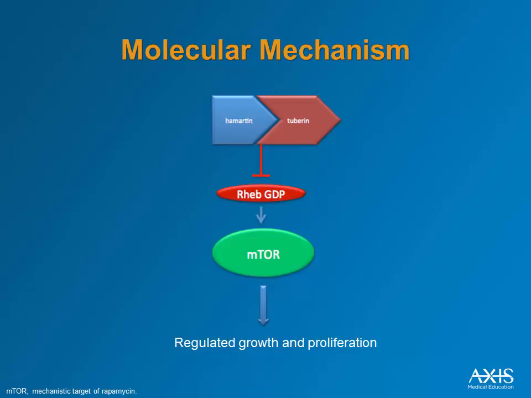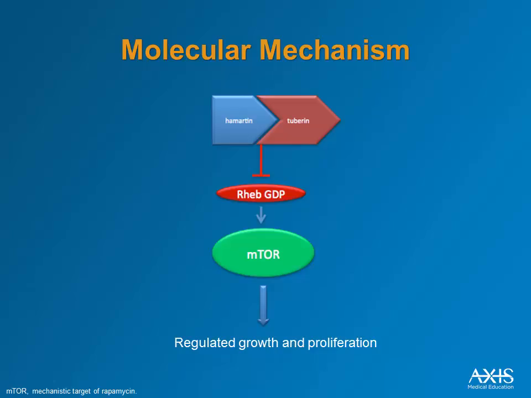And the mechanism that has been elucidated by study of the biological pathway now is going to be very important, as you'll hear more in a few minutes about treatment, because this hamartin-tuberin complex inhibits a protein called Rheb, and Rheb in turn stimulates a protein called mTOR, which is a kind of almost master switch that is involved in regulation of cell growth and proliferation.